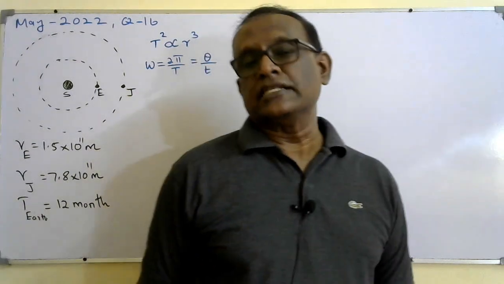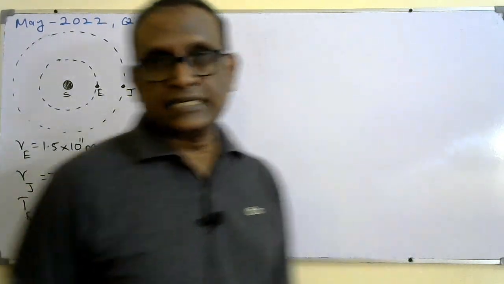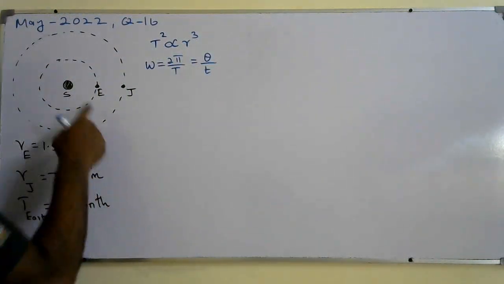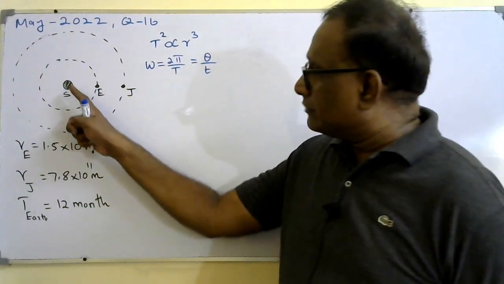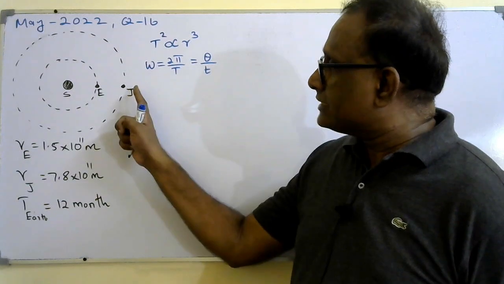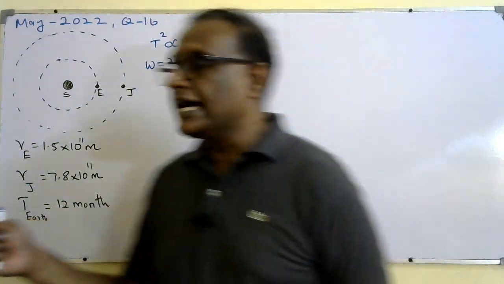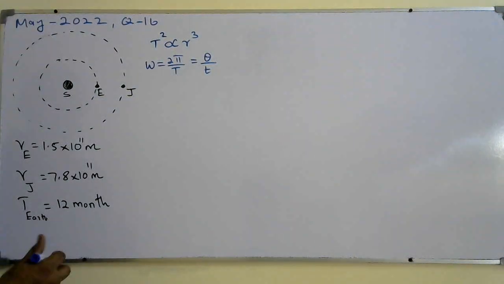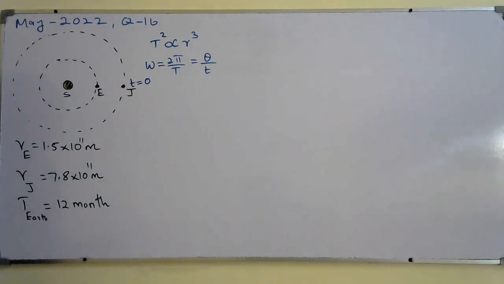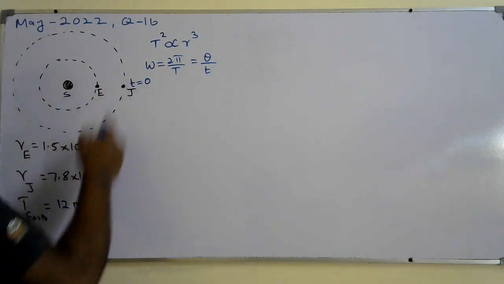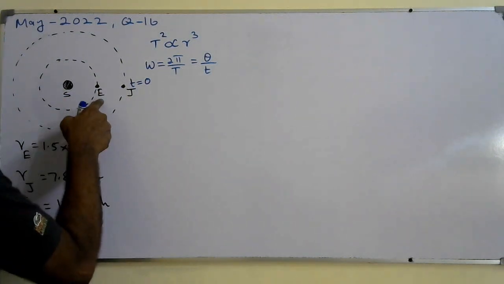So when we consider what will be their position from this time, they are in opposition. Okay, later at time t, from this position, we take this position as at time t equals 0. Later at time t, what will be their position? The Earth, which has smaller radius orbit, has smaller time period.